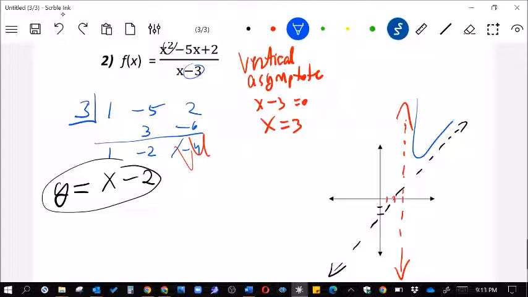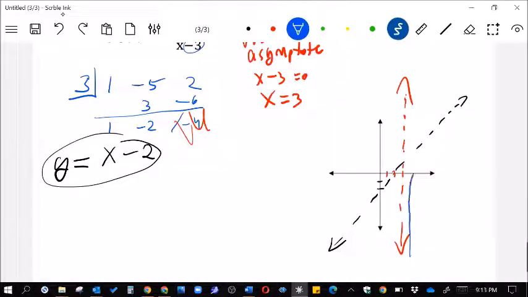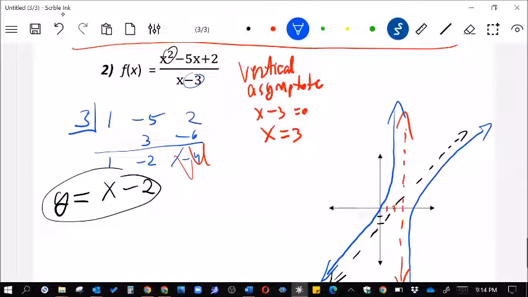It's going to be, and this is going to be a weird look, but this is what sometimes happens. It's going to be like this. Interesting. So it hugs the asymptotes. They'll get closer and closer to x equals 3 and closer to y equals x minus 2. And so an interesting type of graph.